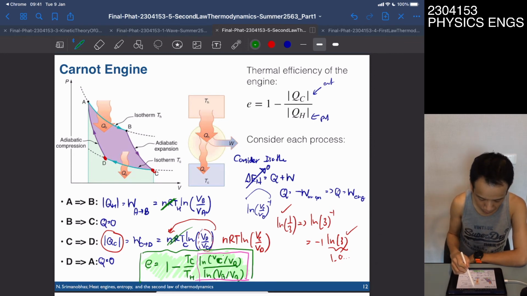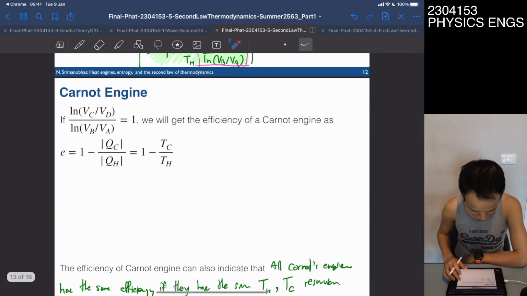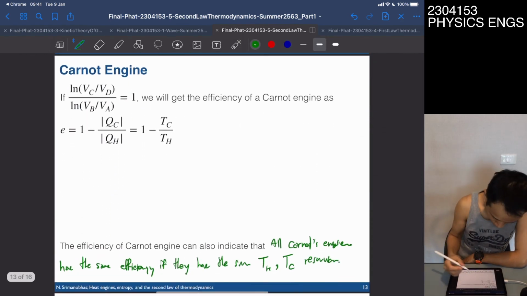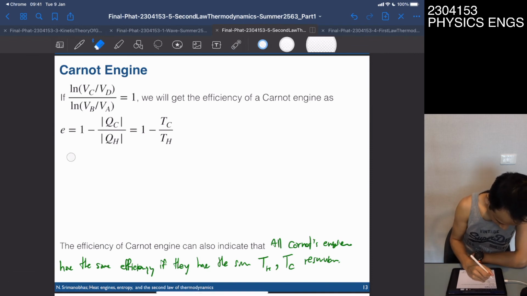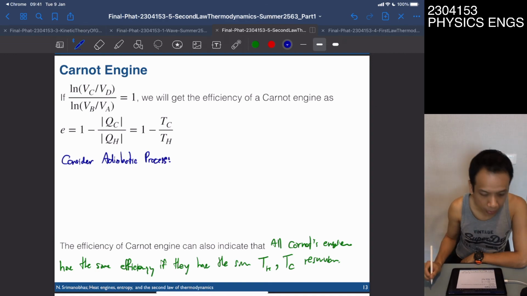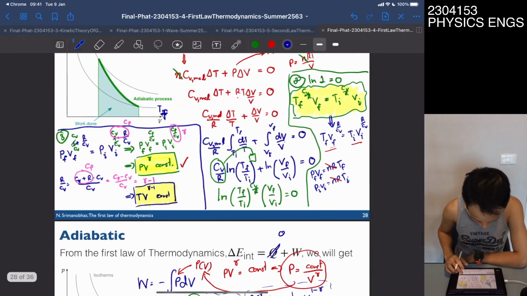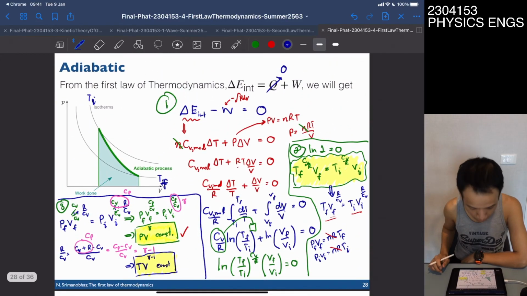You can link between points B and C and points A and D through the adiabatic process.